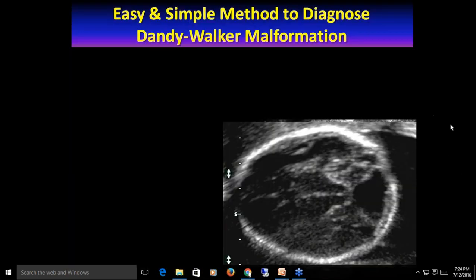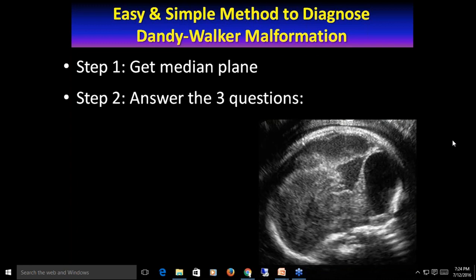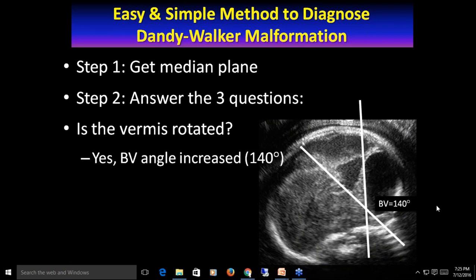So let's try to put all of this together and develop an easy and simple method to diagnose Dandy-Walker malformation. First, get the median plane. Second, answer the three questions that we were discussing a few minutes ago. Is the vermis rotated? Let's look at this image. Yes, it is rotated.